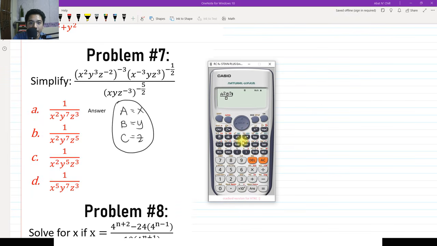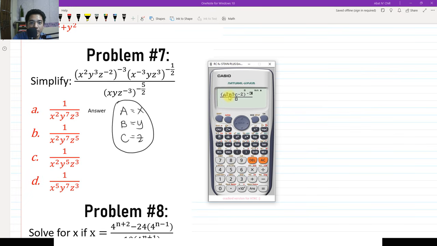Then we have alpha c, parenthesis, raised to negative 2. And all of them are raised to negative 3. So no problem, let's go back here, click the exponent, and just replace this with negative 3.